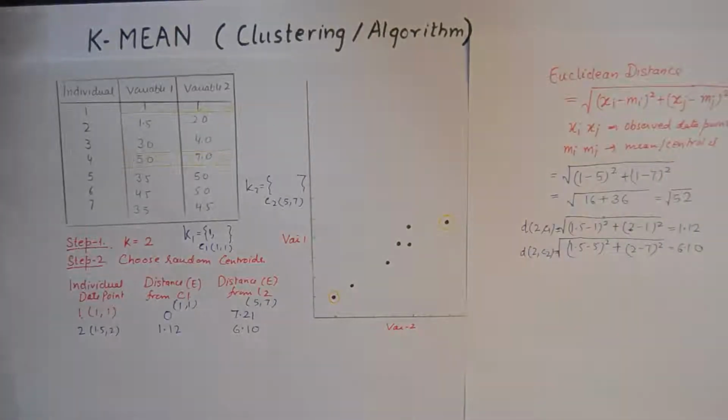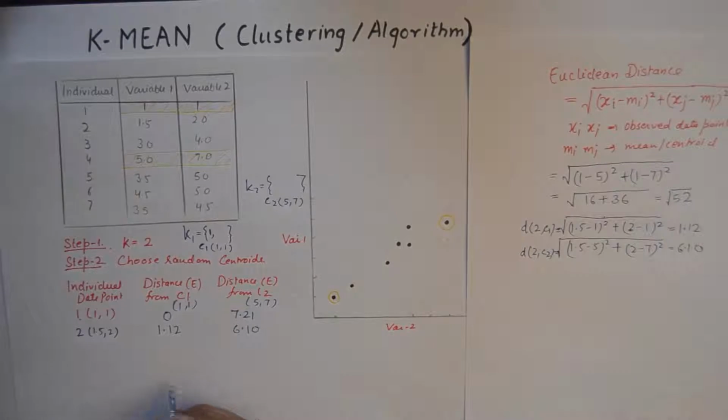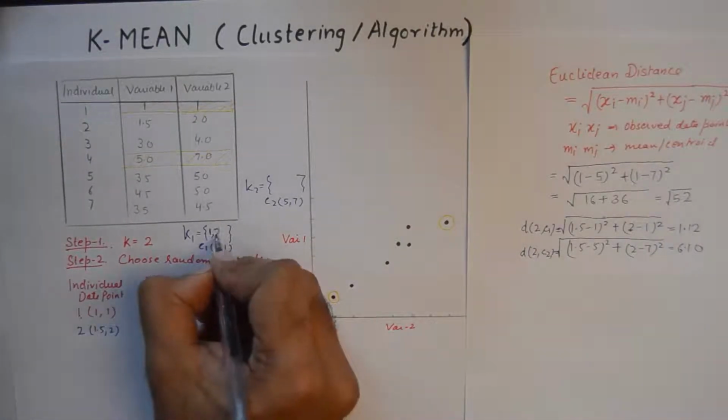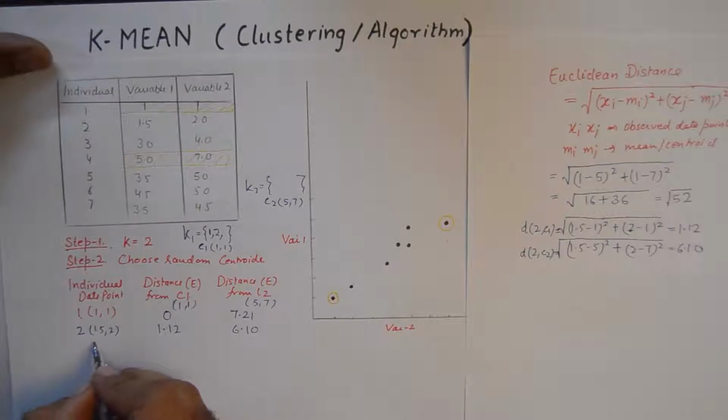So that is how you can calculate all the distances. So 2 is nearer to centroid 1, so I'll put 2 here also. 2 goes into cluster 1, and that's how you need to calculate all the distances.